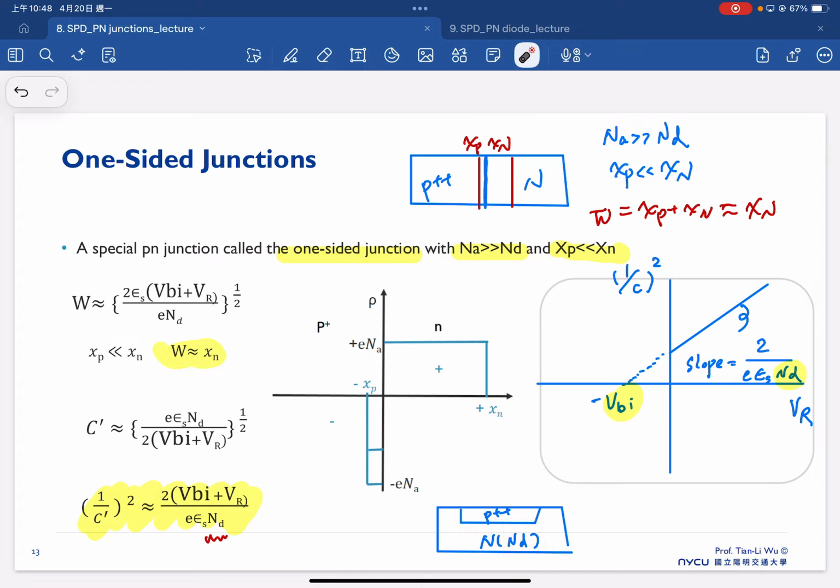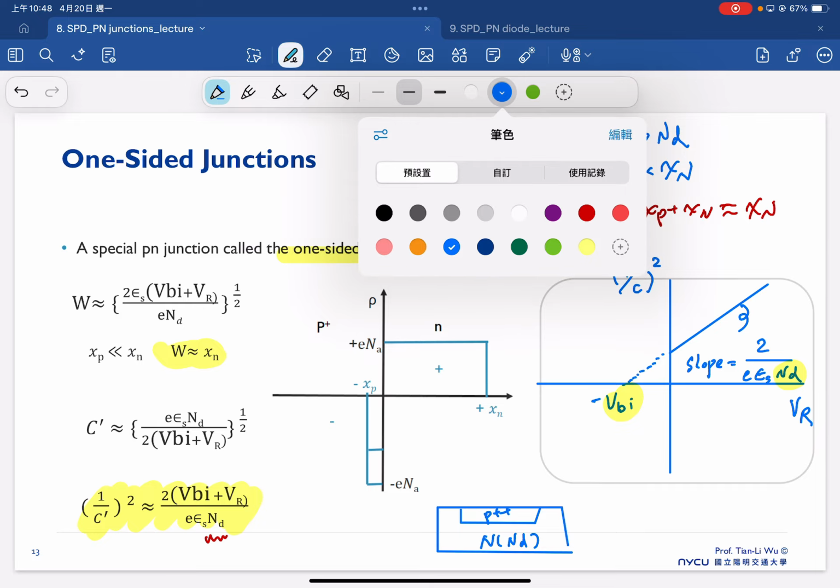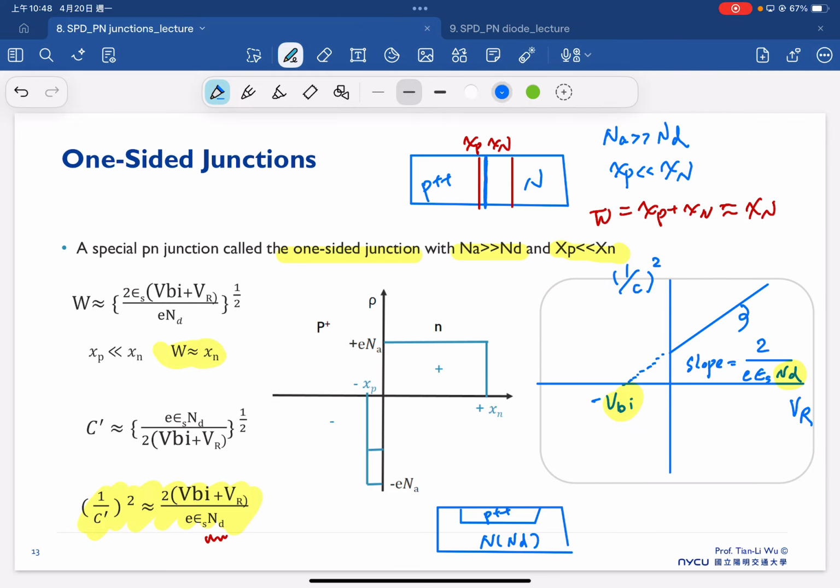With this testing structure, we just measure the junction capacitance, and we plot one over C squared versus reverse bias. So finally, we are able to estimate the doping concentration here.